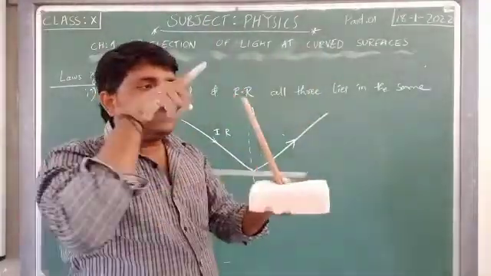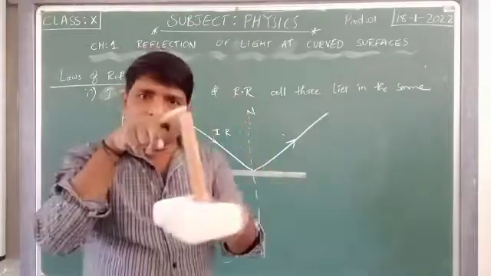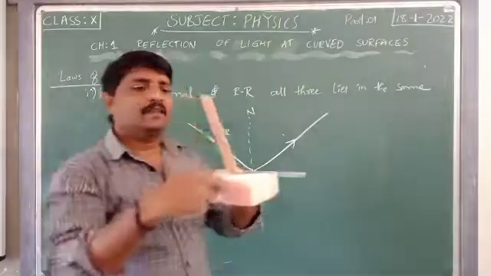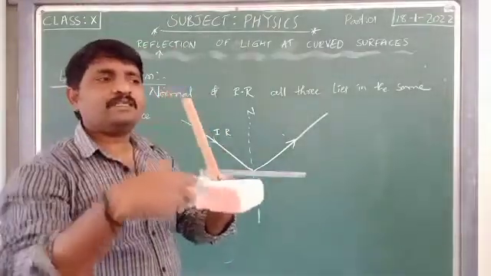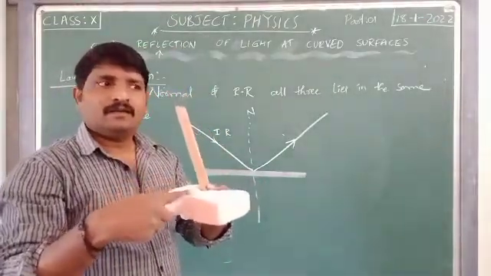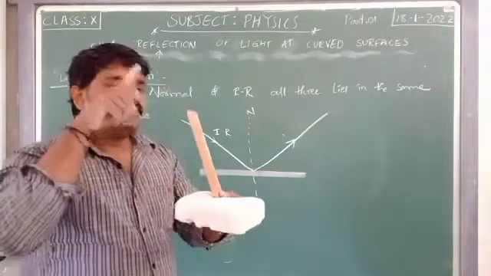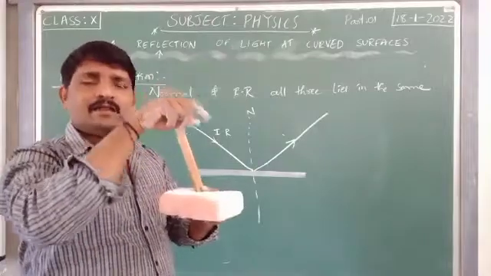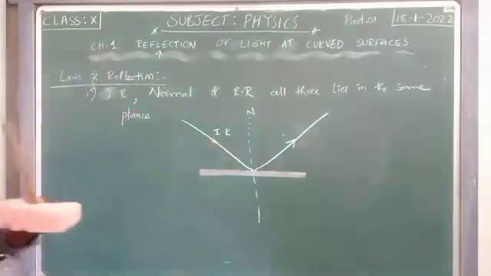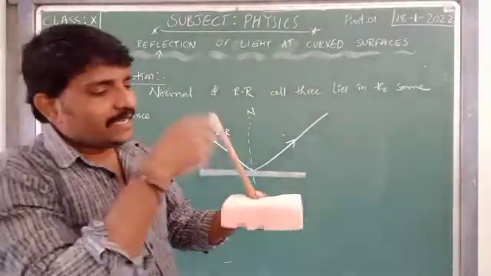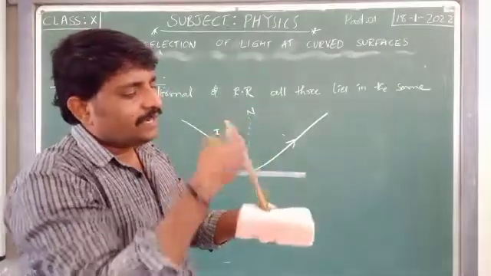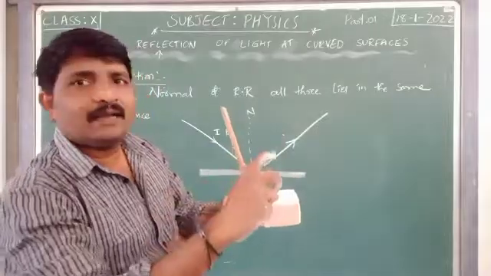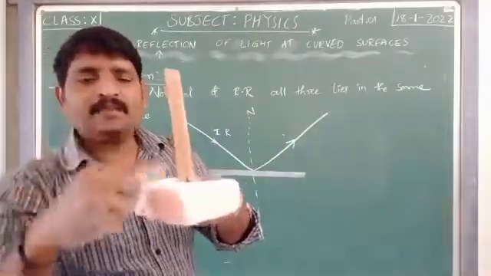It's not that the incident ray is hitting at this plane and the reflected ray is bouncing back from another place. It's not so. The incident ray is here, the normal will be in the same plane, and the reflected ray will be in the same plane. The reflected ray cannot come from another plane.